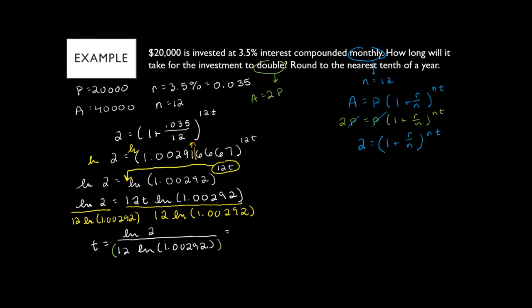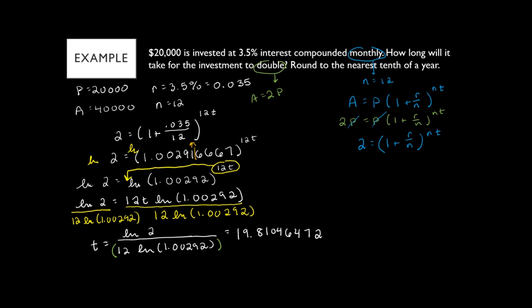So I put a parenthesis before my 12, and then I have my natural log of 1.00292. I get 19.81046472.